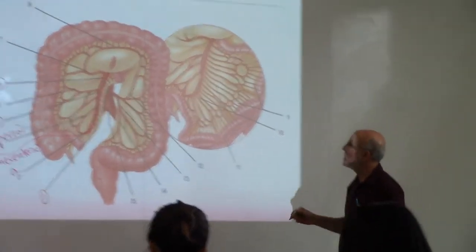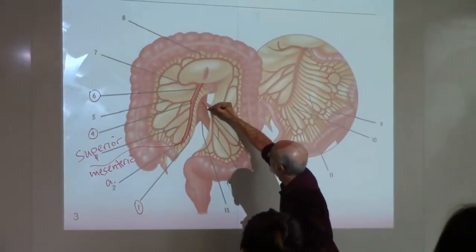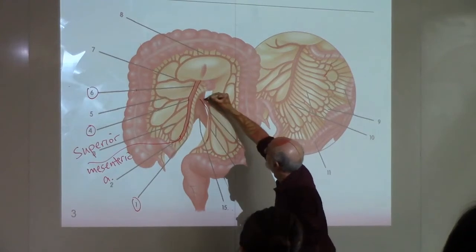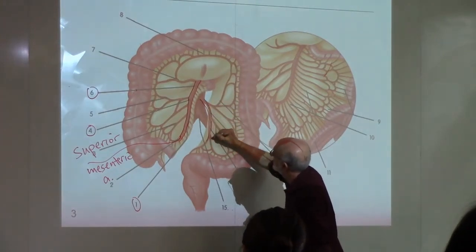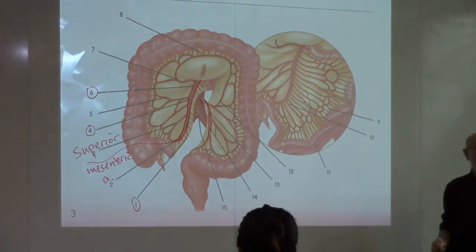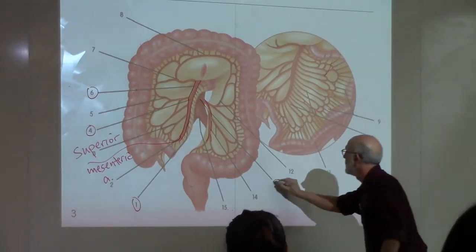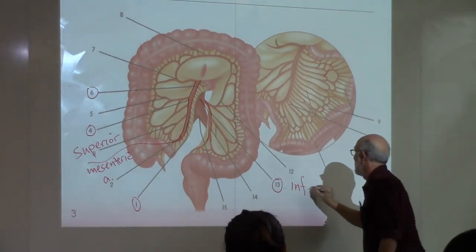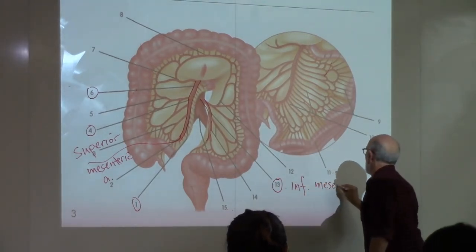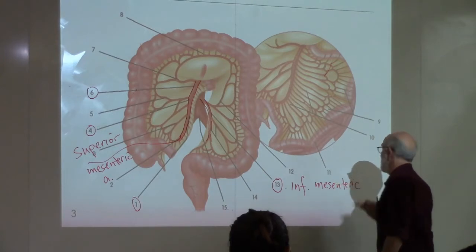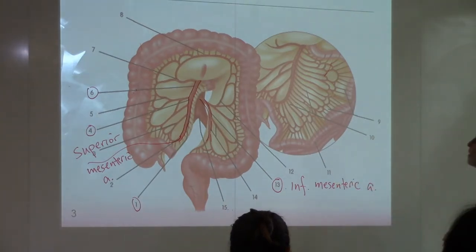Okay, so number 13. What is this one? Pointing to the inferior mesenteric. Okay, not too hard. 15.